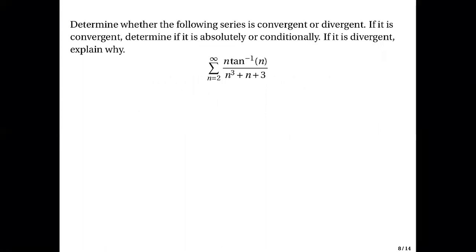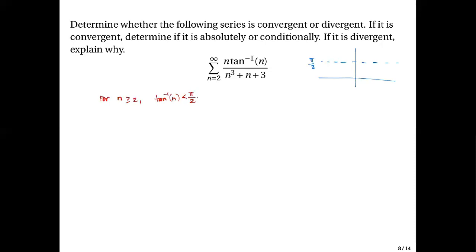So to do this, for n greater than or equal to 2, we know that tangent inverse of n will be less than pi over 2. So, you need to remember the graph of tangent inverse. This is your pi over 2.